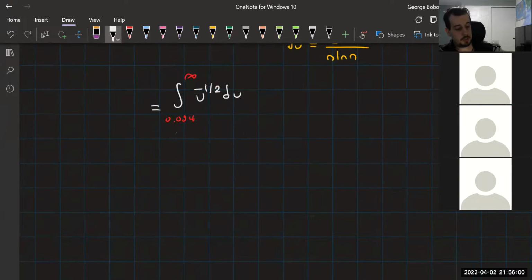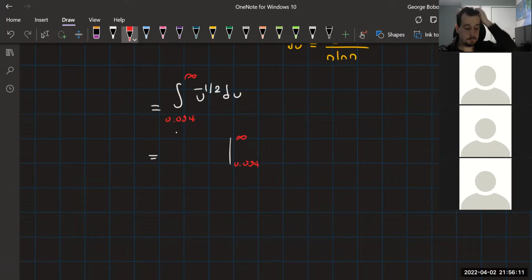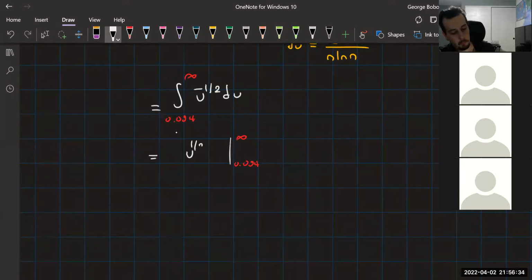Can you tell us the integral of this? What do you think? Is it u to the power of positive 1/2 over 3/2? Or sorry, over 1/2.